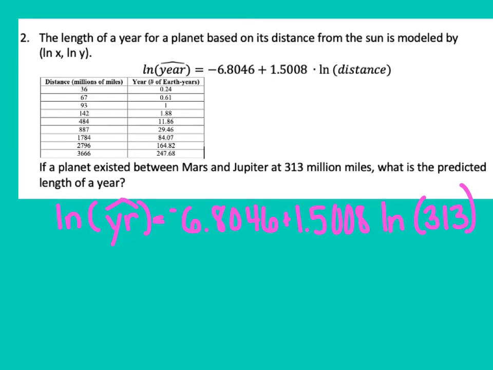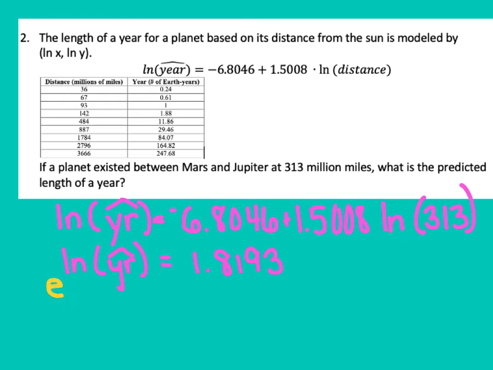So what I'm going to do to solve this is substitute this entire right side into my calculator. Don't miss the ln of 313. That's 1.5008 times that. I get 1.8193 approximately, and I still have the ln of the predicted years over here. So I need to get rid of the ln.